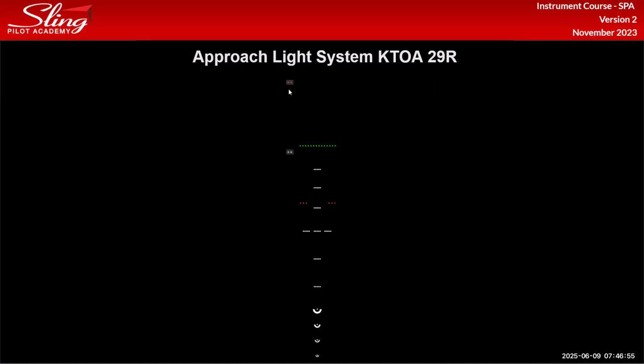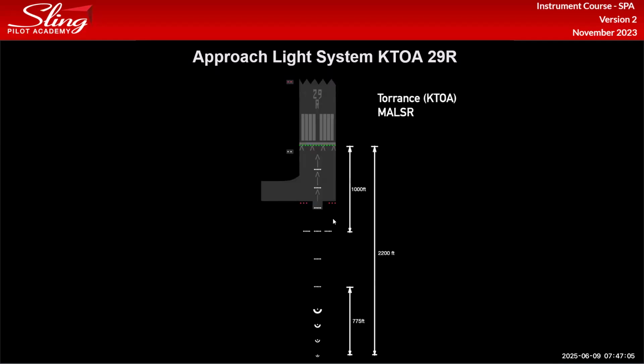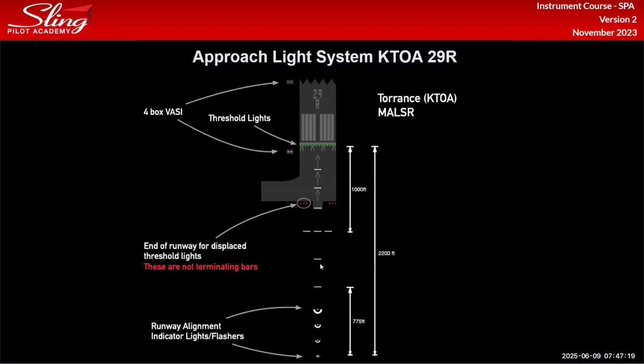Okay. Here's what the approach lighting system at K2A, the ILS 29 right, looks like. So this is the medium intensity approach lighting system. You've got 1,000 feet right here, 2,200 feet for the entire thing, 775. You have the 4-box VASI.